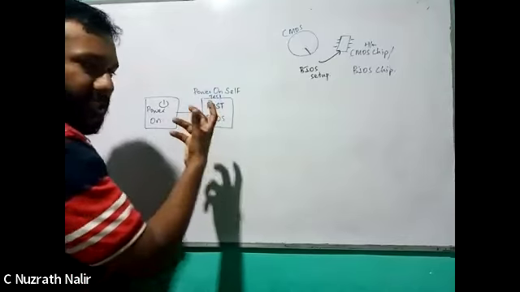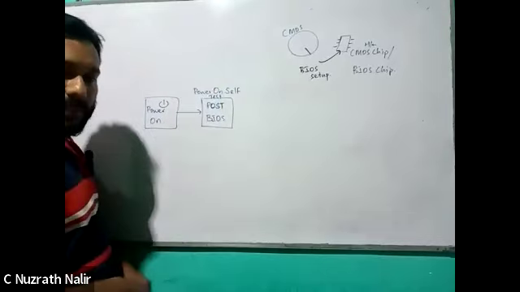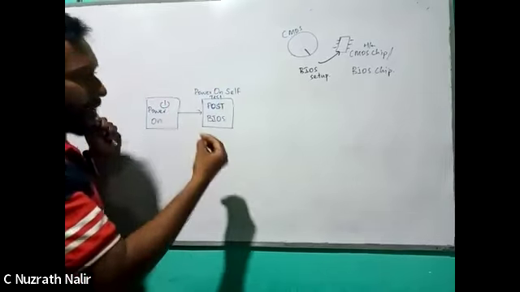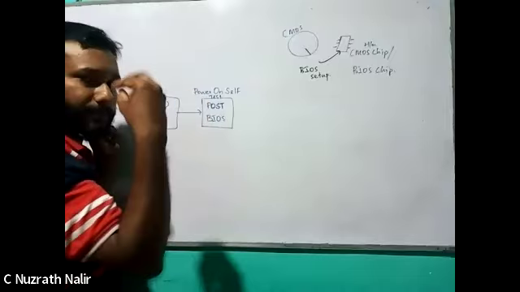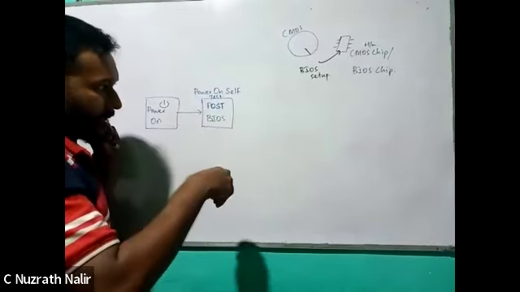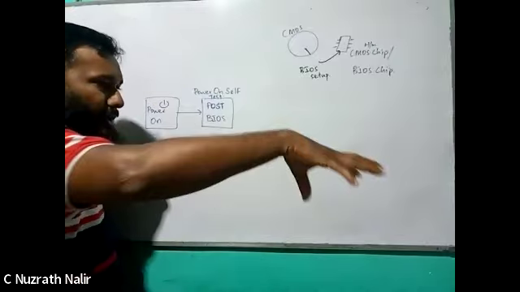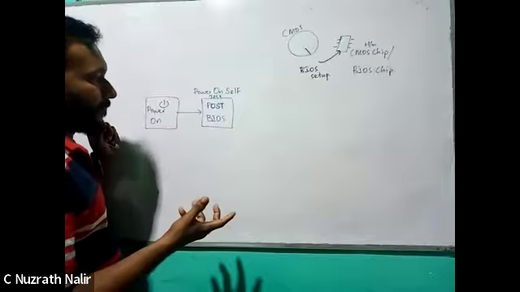It gives the definition or the function of the POST by itself. Power on self test: when you switch on the power, it quickly checks all of the parts by self testing.